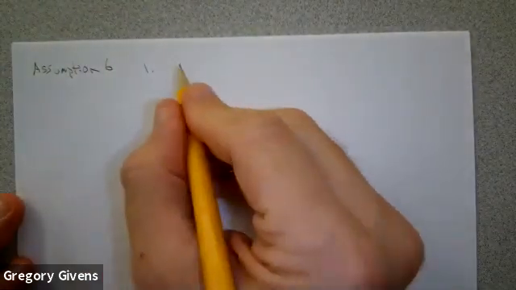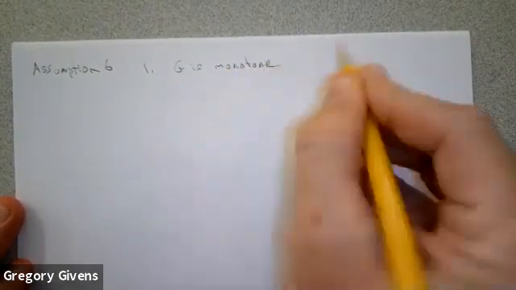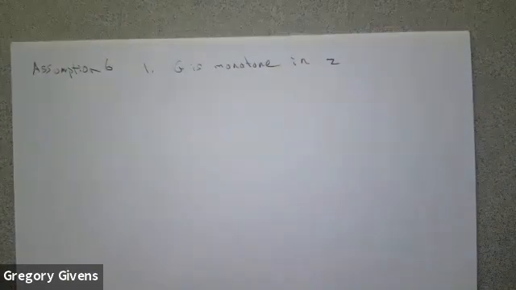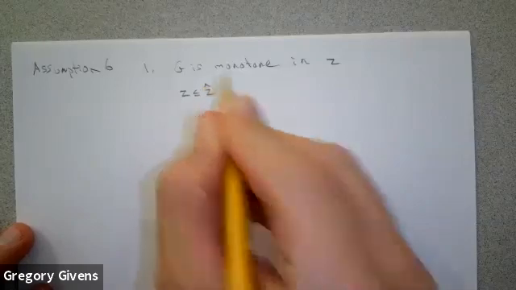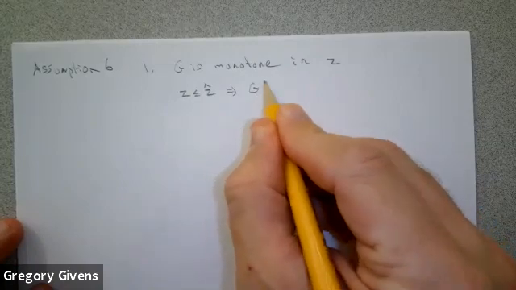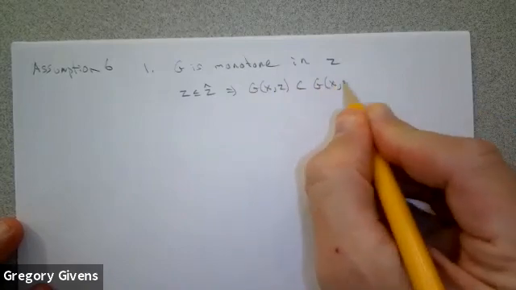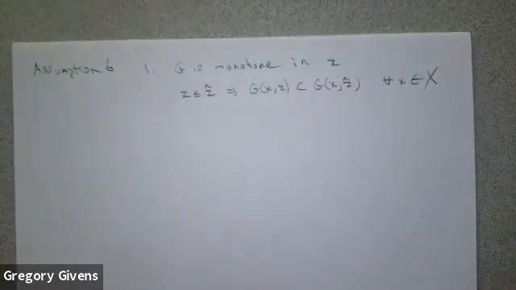Number 1, G is monotone in Z. So not only is the constraint set monotonic in X, it has to be monotonic in the shock itself, Z. Meaning that if you have some Z that's less than or equal to, let's say, a Z hat, this implies then that G of X, Z is fully contained in G of X, Z hat for all X in big X. So please remember that.